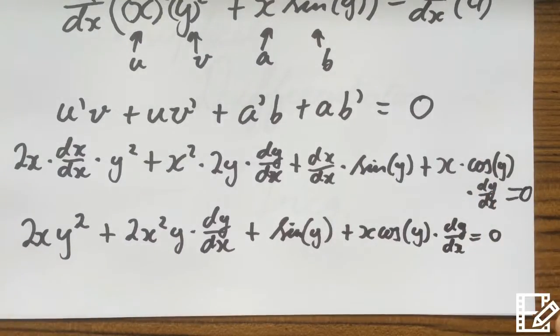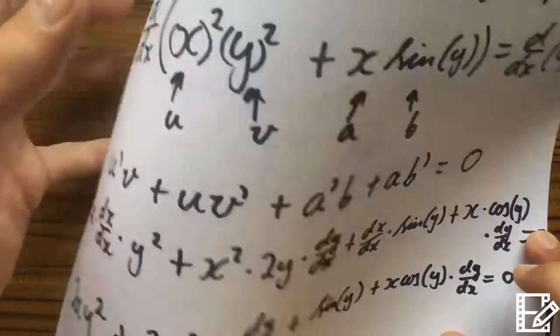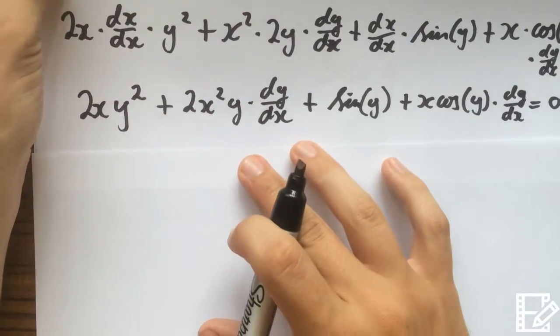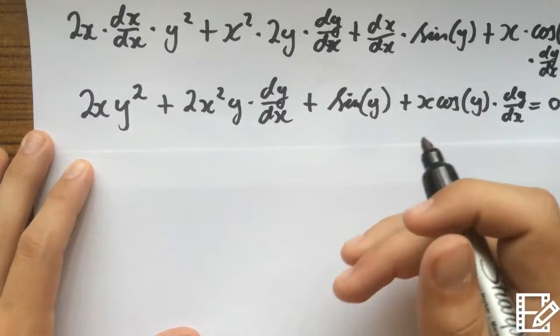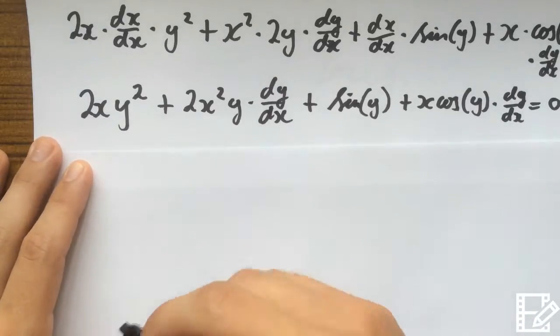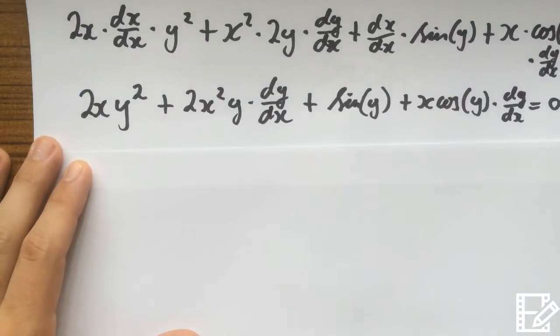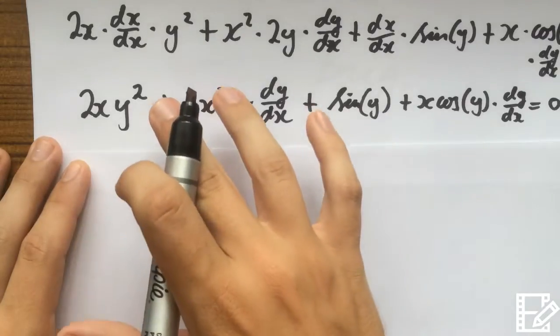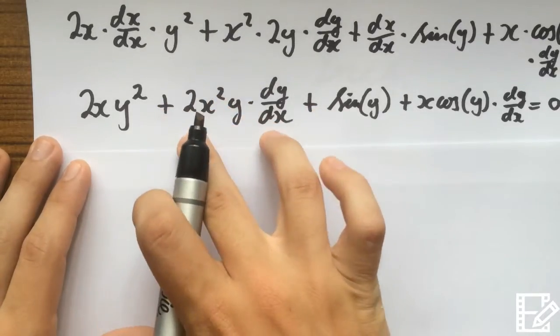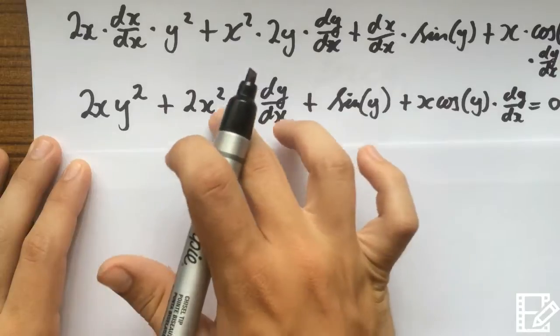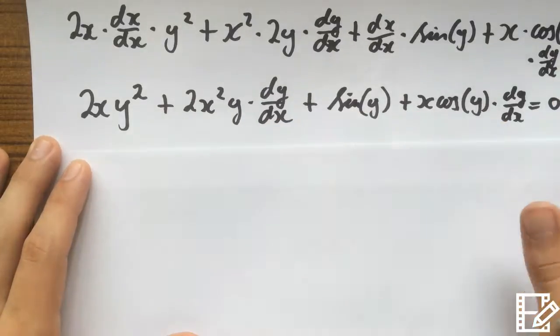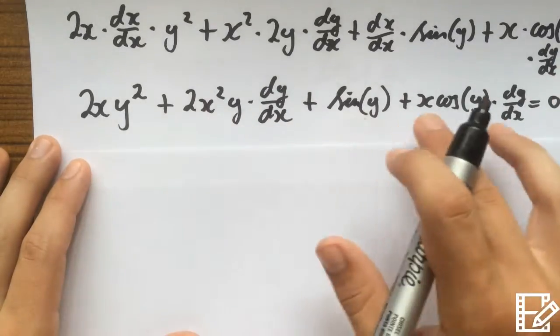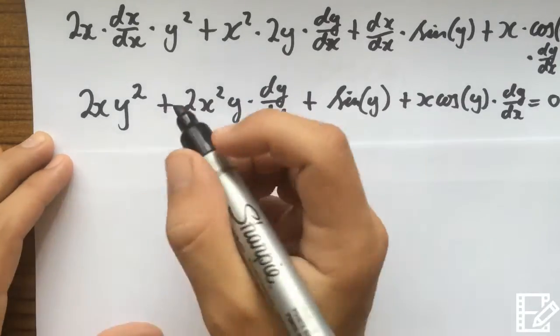Okay, now we've got to the point where we can start rearranging and start looking for the derivative. What I'm going to do is bring these dy dx multiples onto the other side. So I'm going to subtract these from either side.